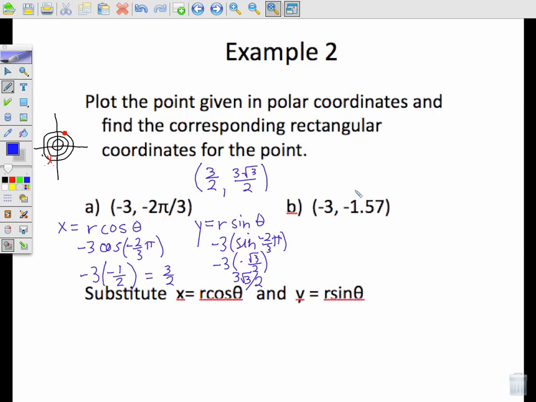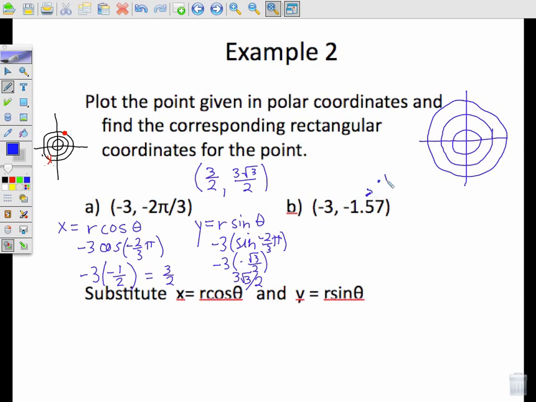All right, we've got negative 3, comma, negative 1.57. Okay, so this must be a radian measure, and I'm just going to use that. If I want to plot this, we need to figure out what the angle is. Well, 1.57 is equivalent to pi over 2, and some of those you just might be familiar with.